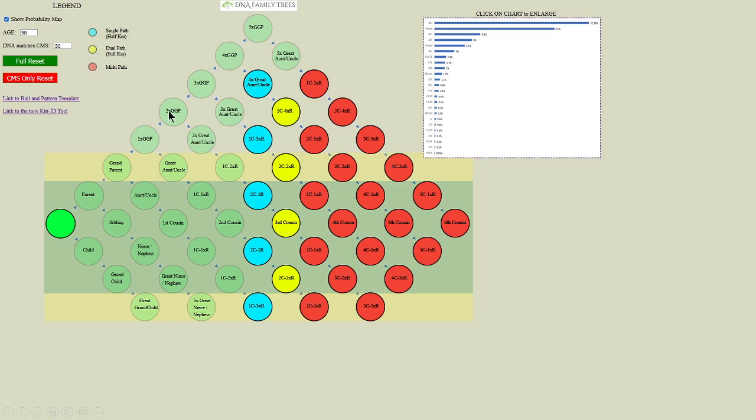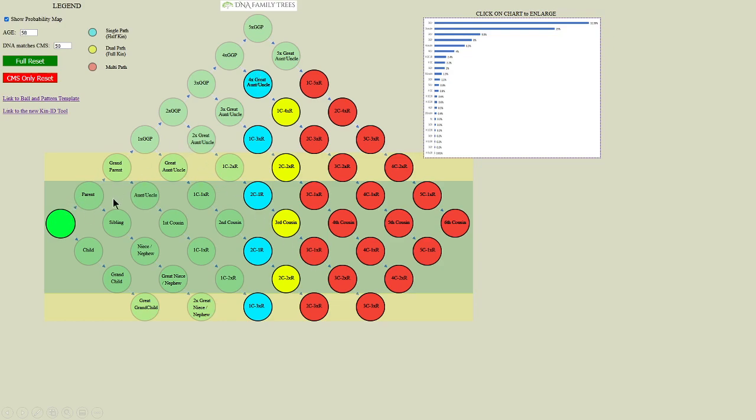This is what the ball and pattern tool is for: to help you identify your MRCA, where your intersecting node is. If I'm looking for a biological parent, then I'm going to build from their position up to the second great grandparent all across the board, and then build down until I find people that cluster with them on one of those branches.